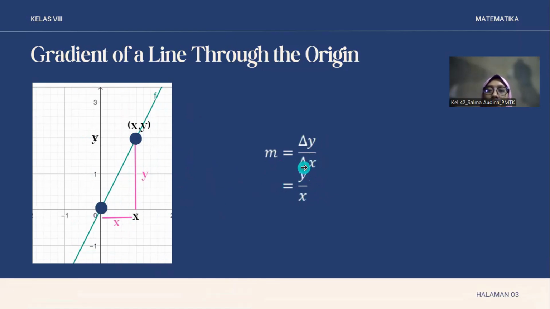So, the formula to determine the gradient of a line through the origin is m equal to y divided by x.